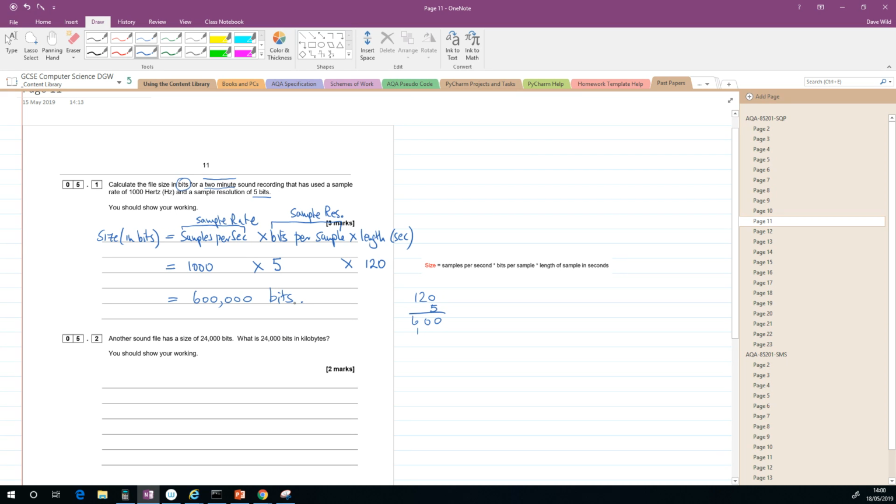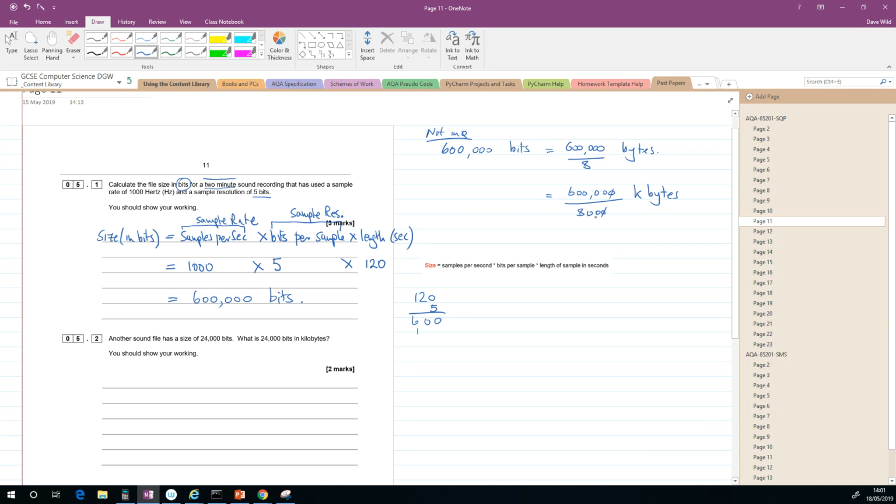Remember, in your exam, you could be asked to do this in bytes, or even perhaps kilobytes. If it's in bytes, you divide by 8, sorry. So this is not in the question. But if it was, 600,000 bits is 600,000 divided by 8 bytes, if you were asked that, or if it was in kilobytes, perhaps this would be 600,000 divided by 8,000 kilobytes.